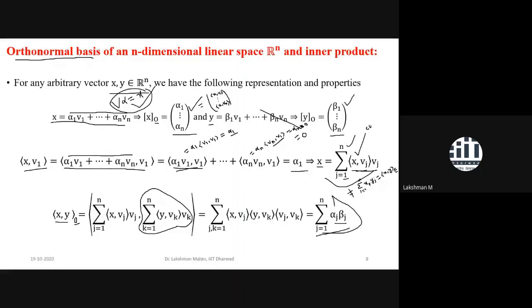That means it is all about finding the coordinate vector. If you are able to find the coordinate vector of any vector with respect to an orthonormal basis, then first find the coordinate vector, then define the inner product with respect to those coordinate vectors. So this inner product is different from that inner product. These two are not equal, though the representations look very similar.